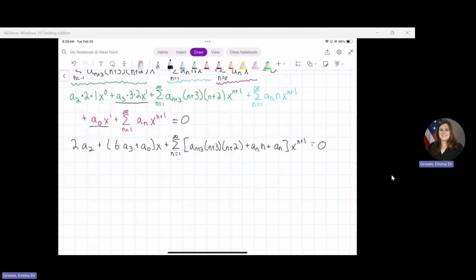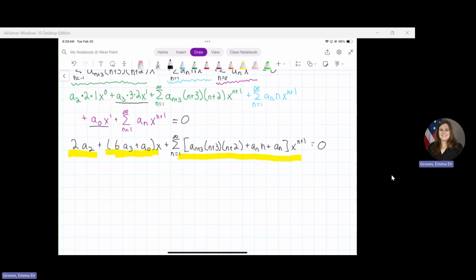All right, definitely a lot of work, but the overarching goal here was to be able to say, can I solve for my terms? So I have the constant term, the linear term, and then the general n plus 1 term.